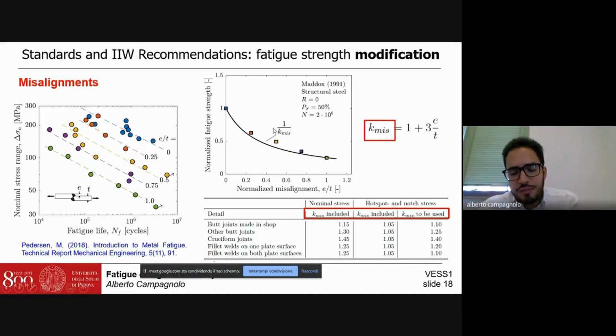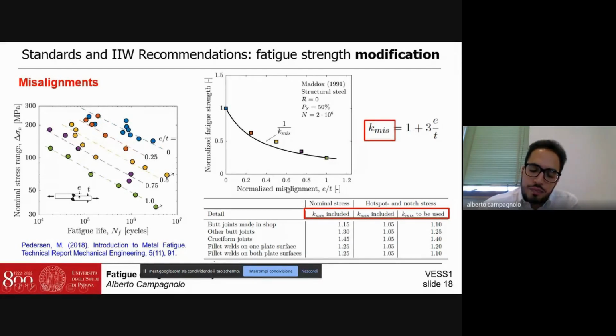In several standards and recommendations, a factor is proposed, K misalignments, as 1 plus 3 the offset E divided by the thickness of the plate. We can see from this figure that the normalized fatigue strength as a function of the normalized misalignment E divided by T is correlated pretty well by this factor.